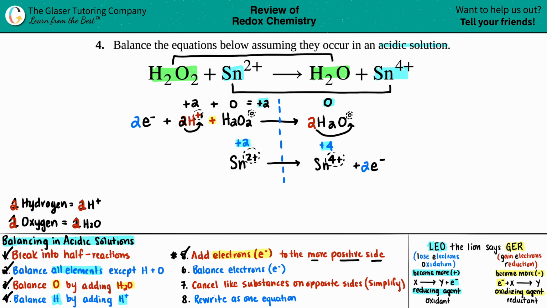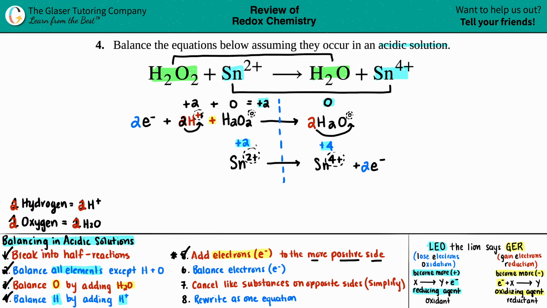Vice versa, your reductant, aka your oxidizing agent, always has the electrons on the left side because that's reduction. Reduction's always gaining electrons. So since I have my electrons on the right side here, that follows with your electrons being on the right side.